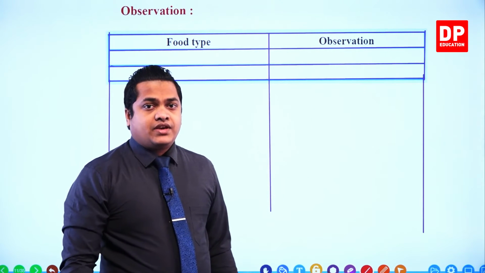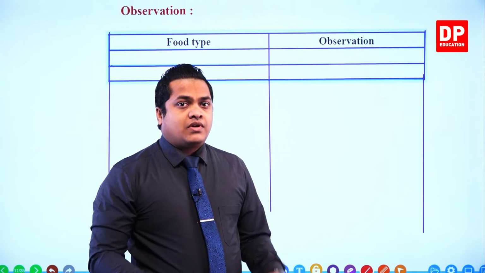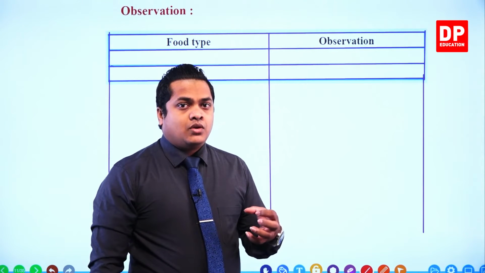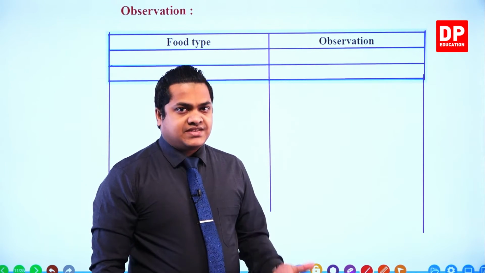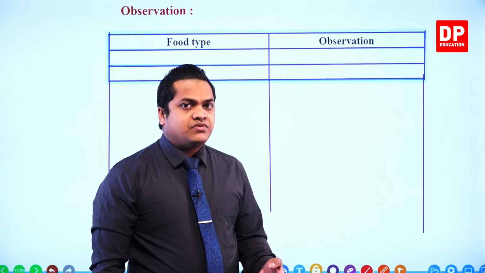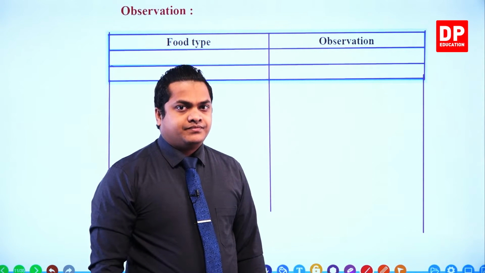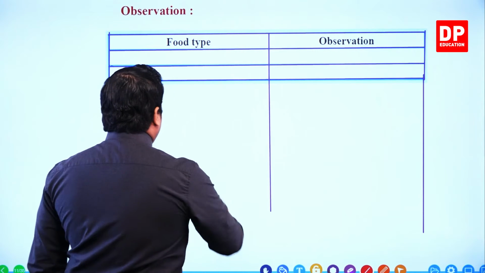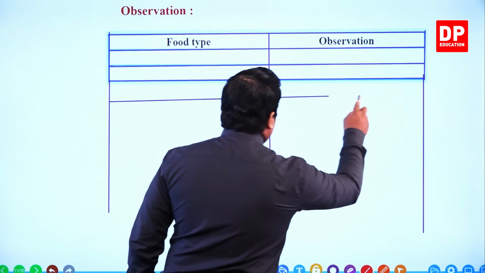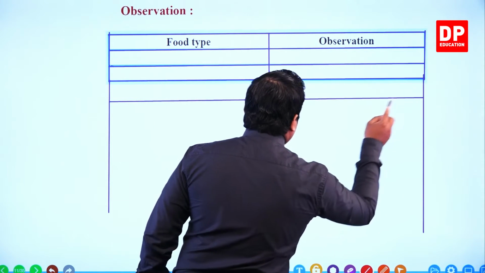That way we can come to a conclusion about which food items are being preserved and which are not being preserved. Okay, right. So we'll write down one by one.